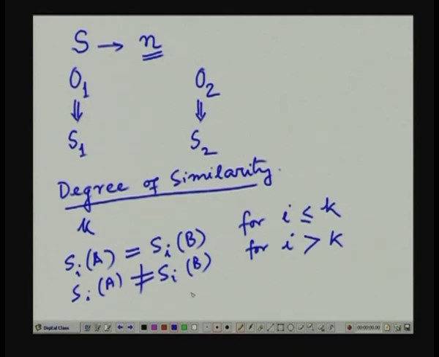From here, of course, I can define a distance function, say the distance between shapes A and B. This can also be defined as 1 upon the degree of similarity K, because the more similar the objects are, the less the distance between those two object shapes should be. So, suppose we are given a number of shapes like this in the database, something like this, and suppose this is a shape which I want to recognize.